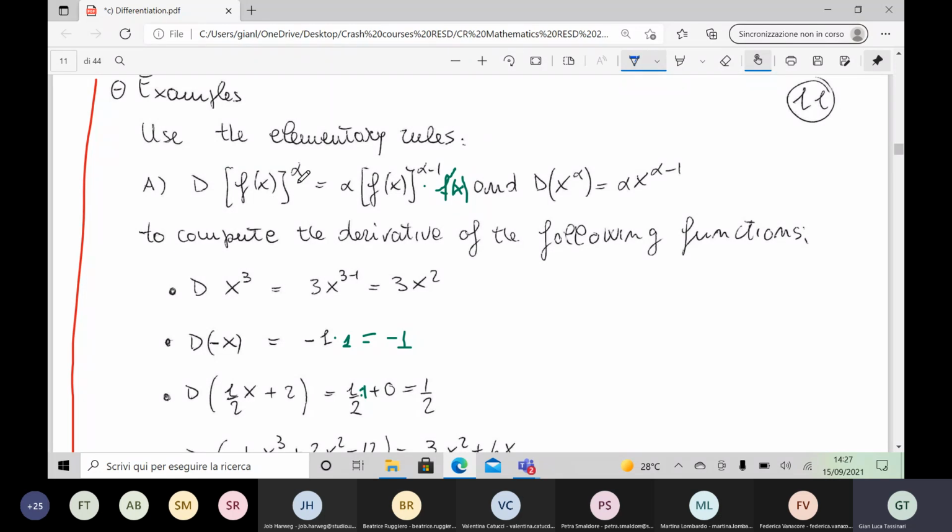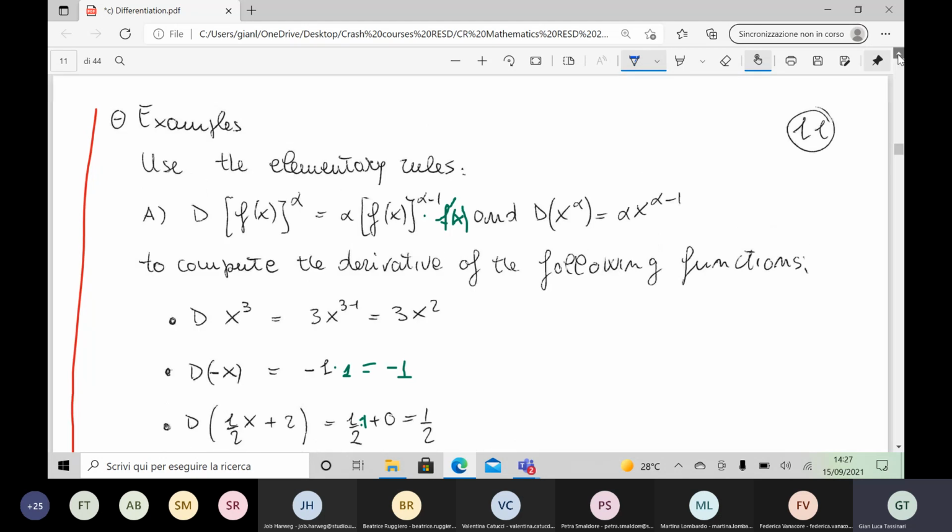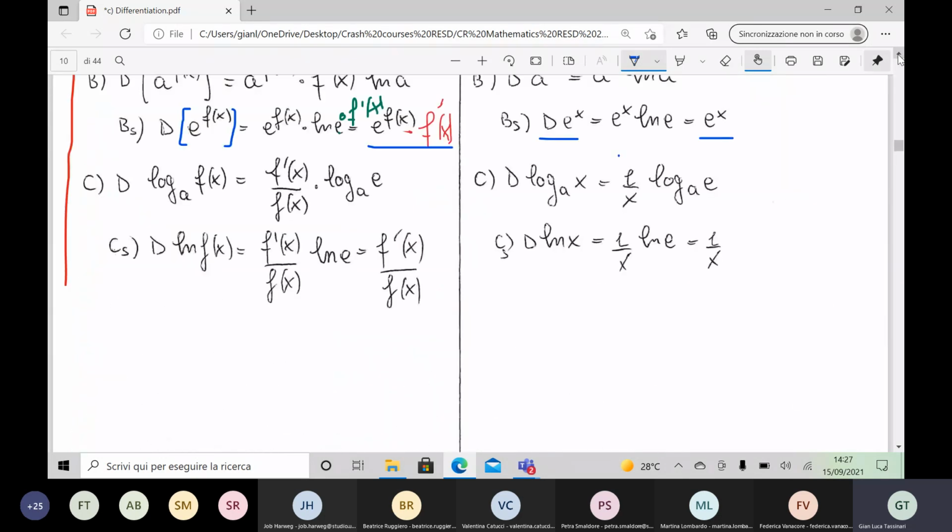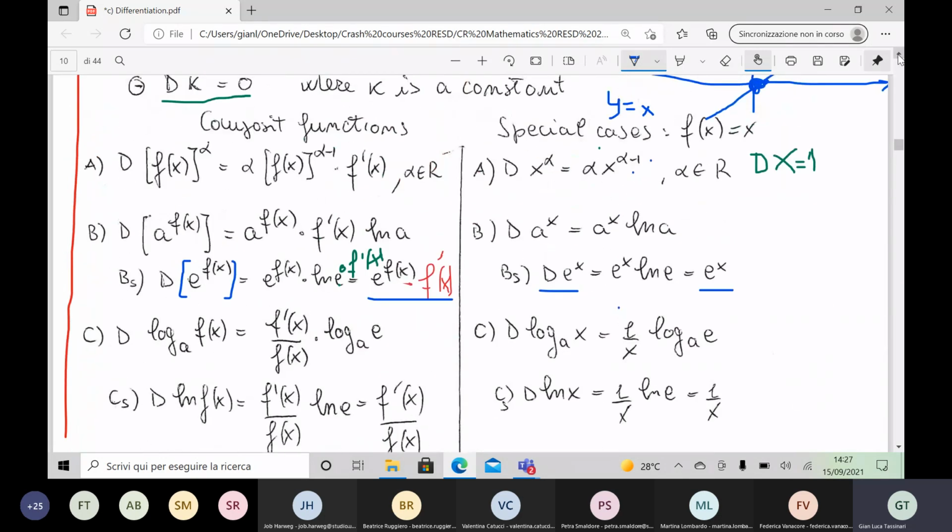Derivative of f of x to the power alpha, which is equal to alpha times f of x to the power alpha minus 1 times f prime of x, or directly the special formula, which is the derivative of x to the power alpha, which is alpha times x to the power alpha minus 1. That is, we are going to do exercises that require application of these rules, the ones in the first row.